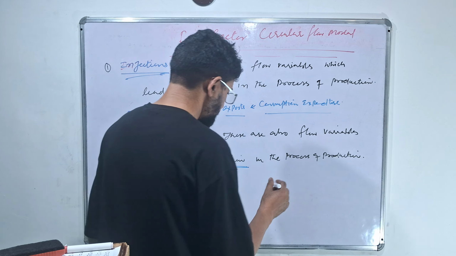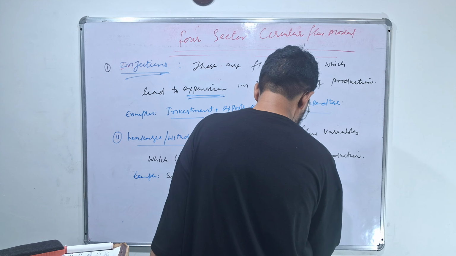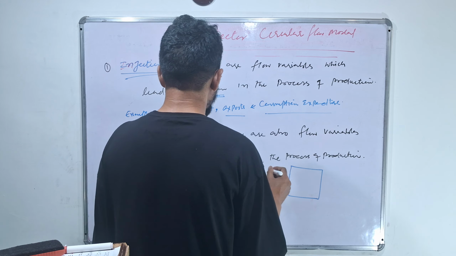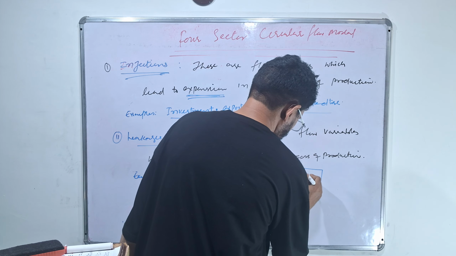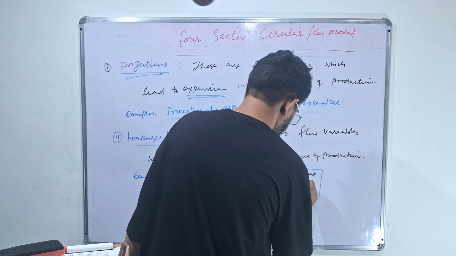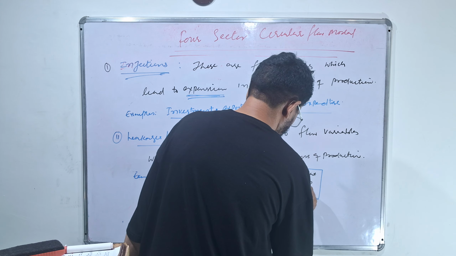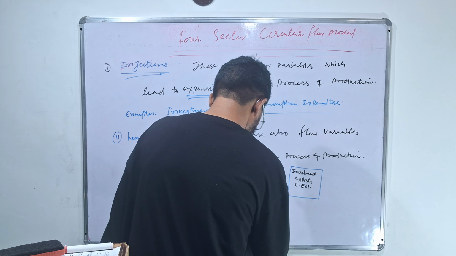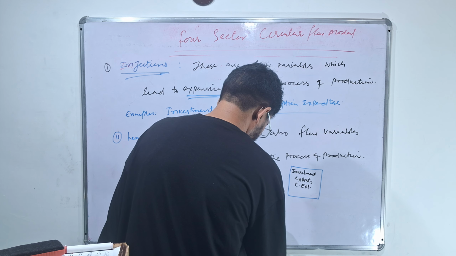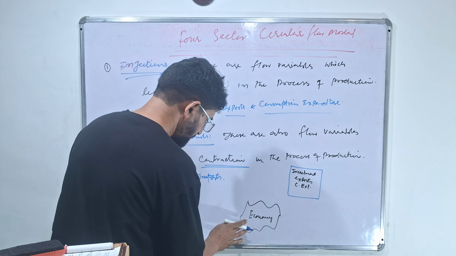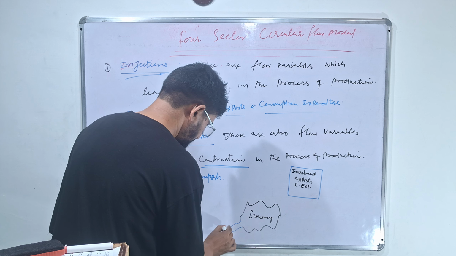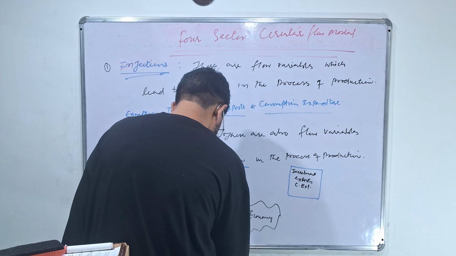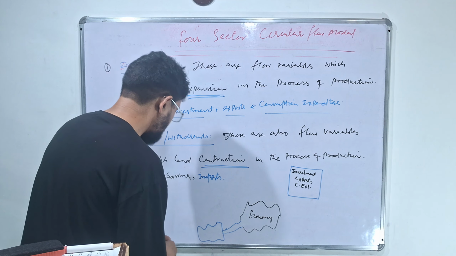I will show this for understanding purposes. Here I will write investment, here I will write exports, here I will write consumption expenditure. Here I will write saving and imports.